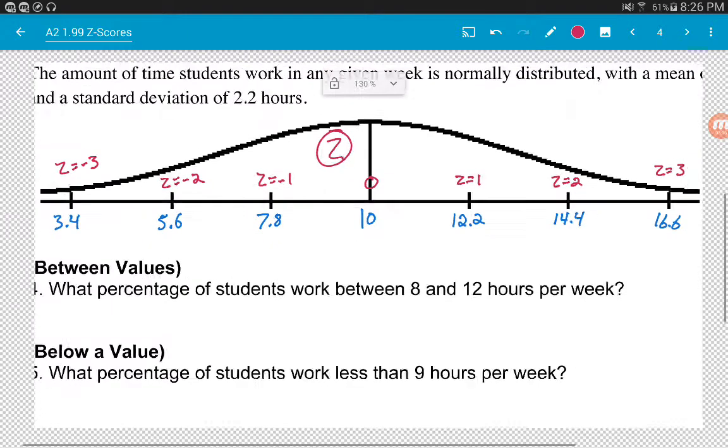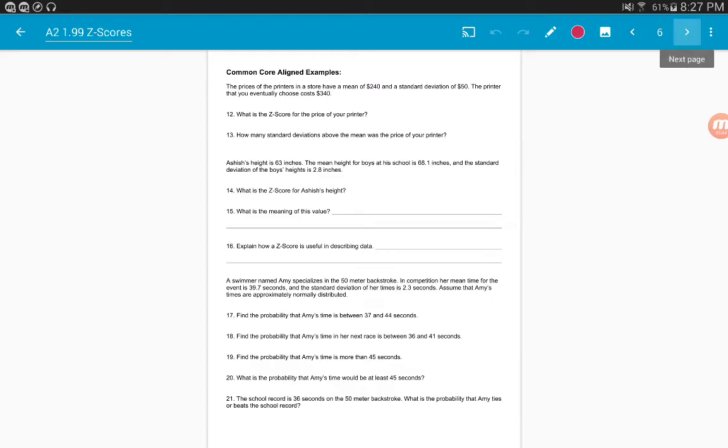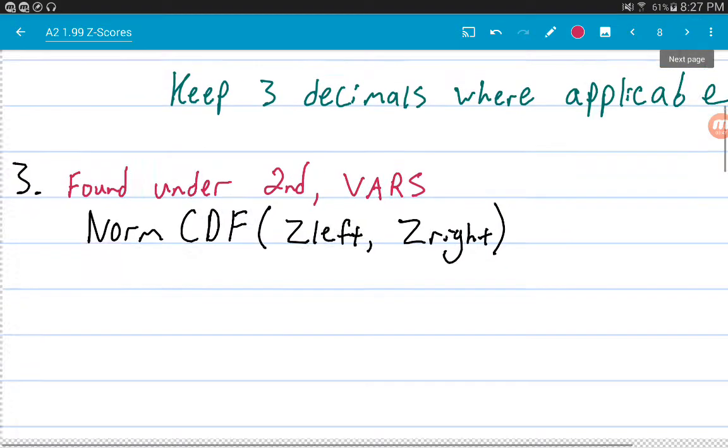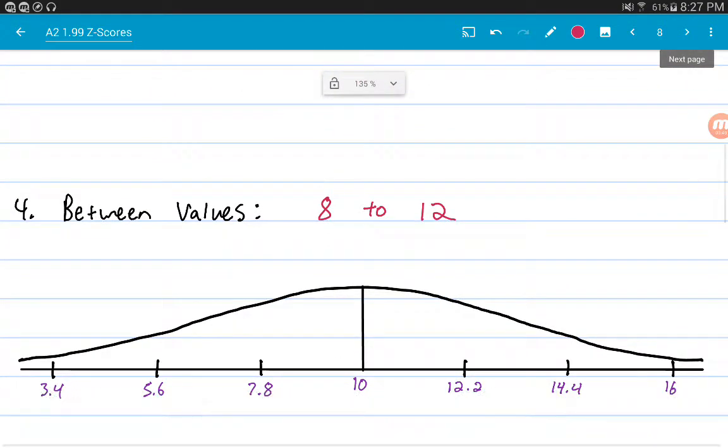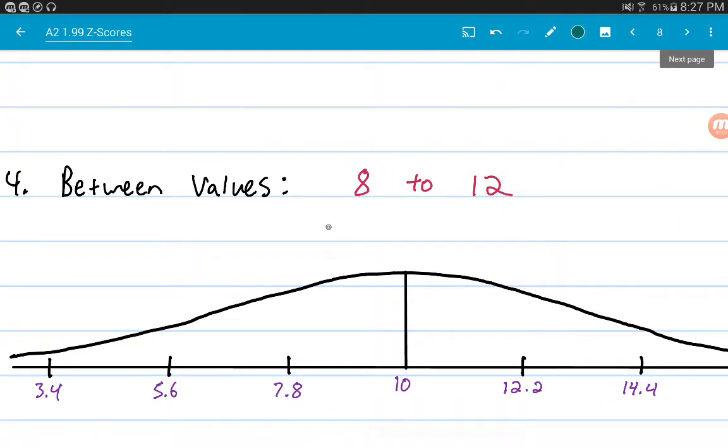Now let's do an example of between certain values. What percentage of students work between 8 and 12 hours per week? The way we're going to answer that question is we're going to use 8 to find our z left, and we're going to use 12 for our z right.